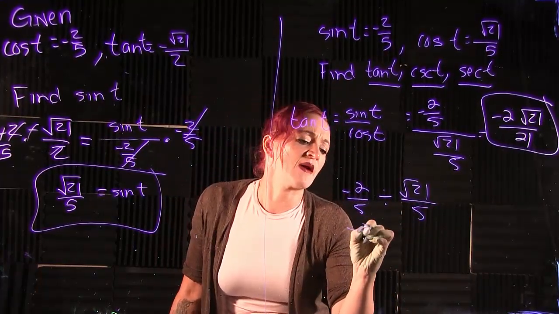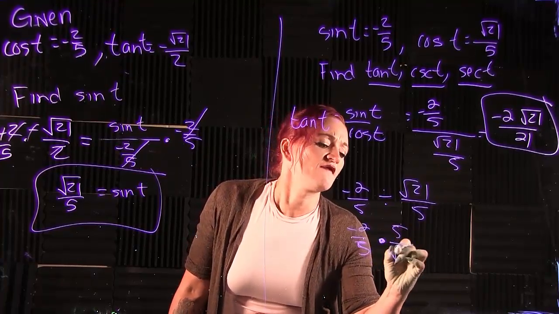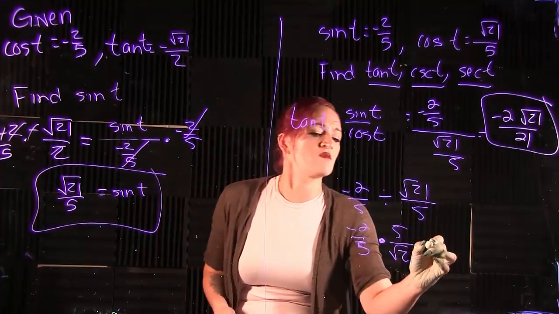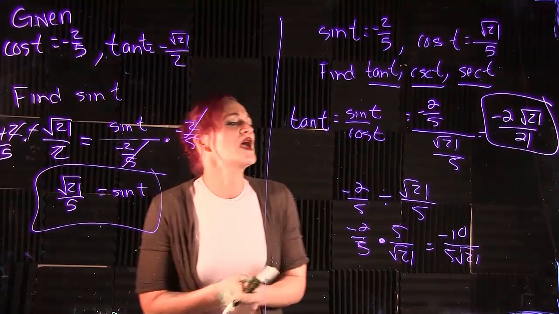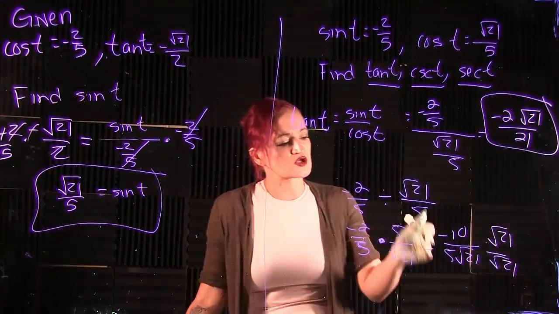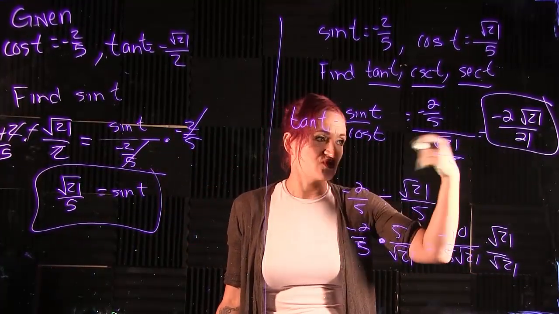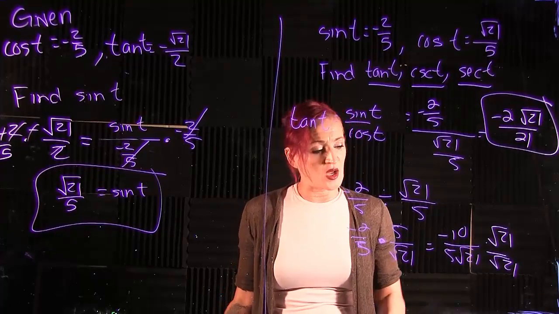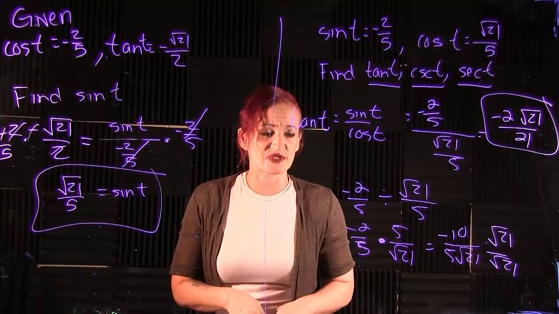Keep the first one, change to multiplication, flip the second fraction, and multiply across. Then you would rationalize the denominator, multiply by square root of 21, simplify this out, and you are going to get the negative 2 square roots of 21 over 21. Again, sometimes you're able to use a calculator, sometimes you are not for these examples.